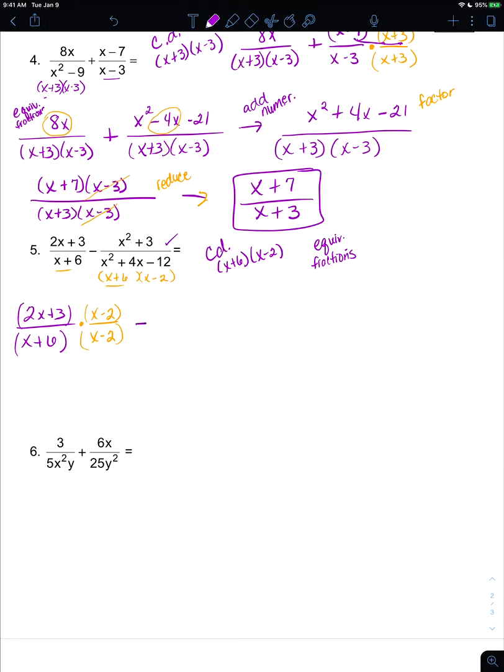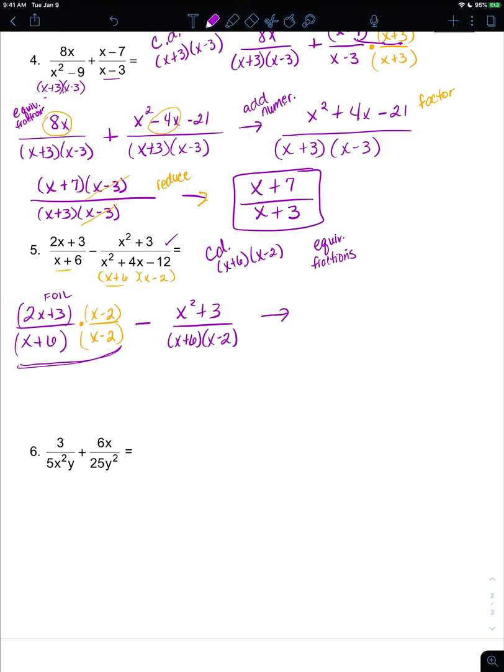And then we're subtracting this x squared plus 3. That doesn't factor, but we're going to leave this in factored form, x plus 2, x plus 6, x minus 2. Okay, so we're going to multiply this new term out. And again, remember, you're going to have to FOIL this. You're going to have to multiply that out.